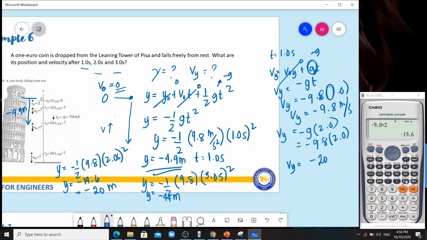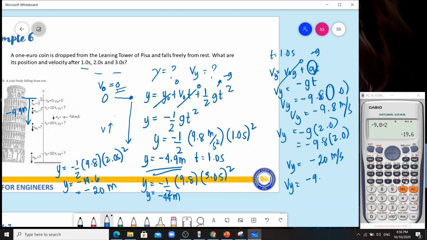Negative 20 meters per second. Okay. And then, next is Vy at 3 seconds.